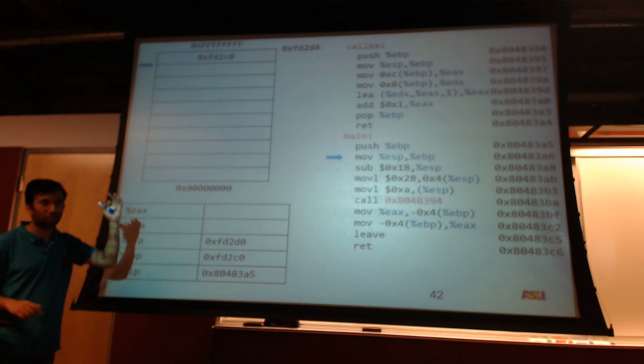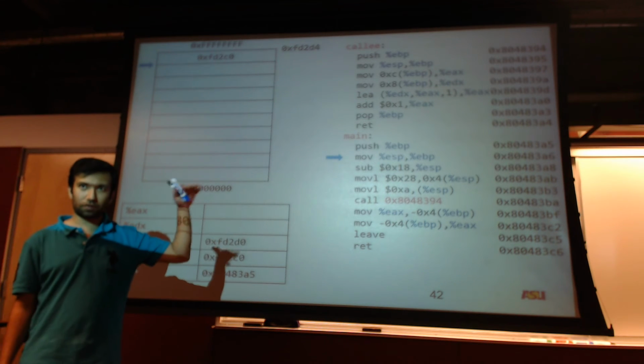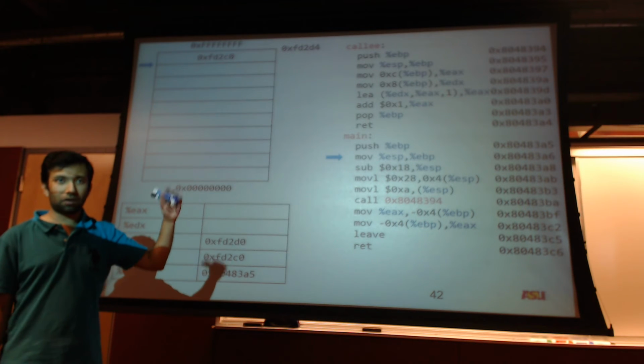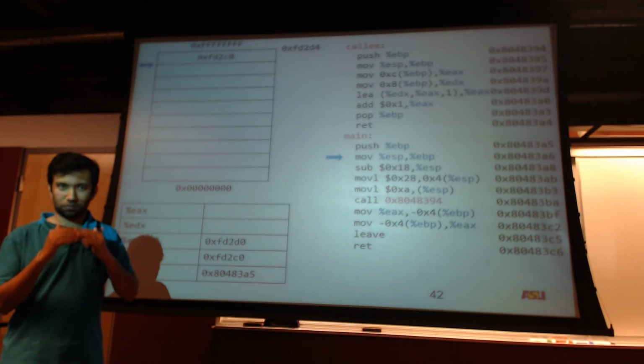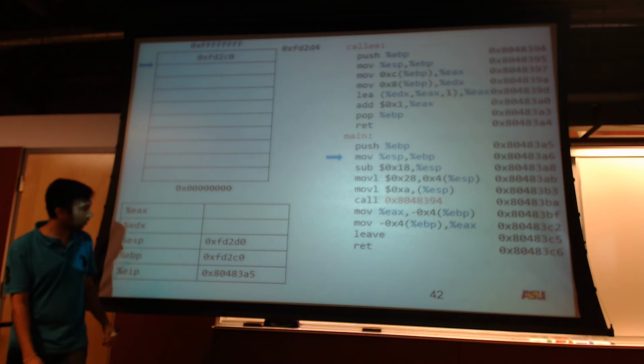So remember, up to FD2D4 was the stack of the other function. Then FD2D4 has the base pointer or frame pointer for the other function. Now FD2D0 is for the stack from which my function, the main function, starts. So that's why you move ESP into EBP. So EBP becomes FD2D0 now.